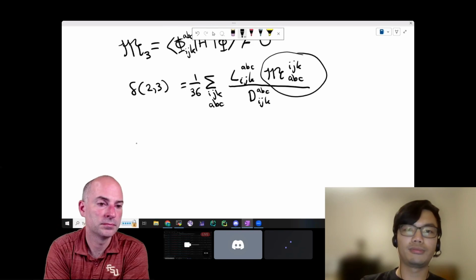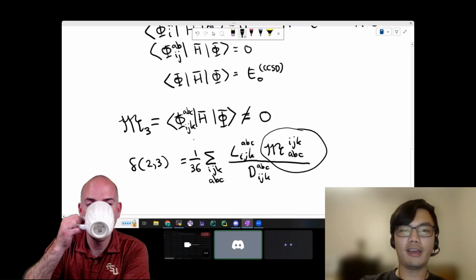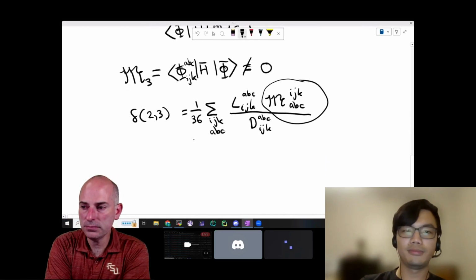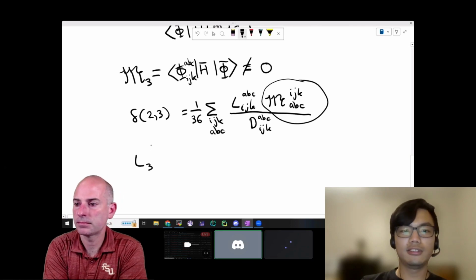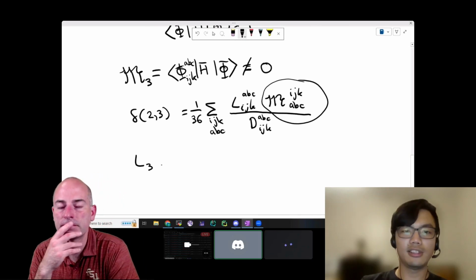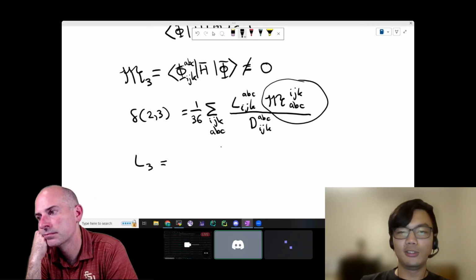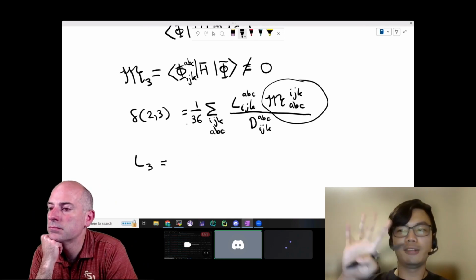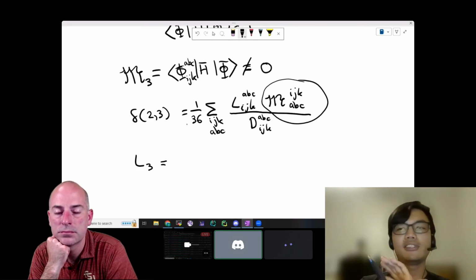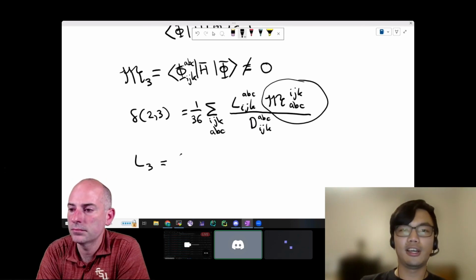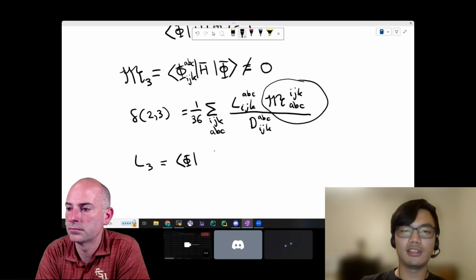So we figured out M3 looks like that. So L3, or L IJK ABC, is going to look similar to this, but you can imagine the complex conjugate of it. So now we want something that looks like H bar IJK ABC.